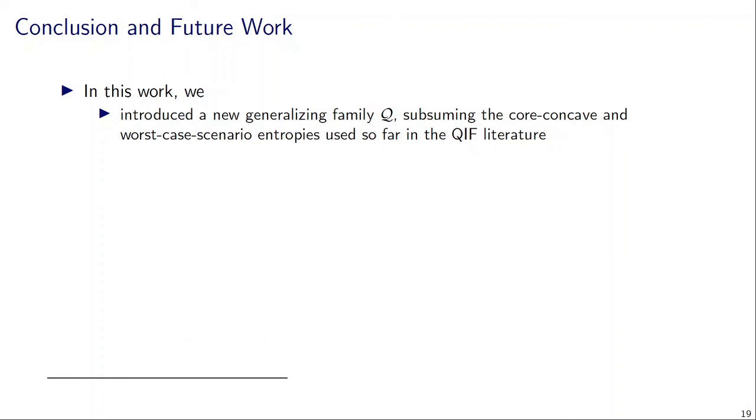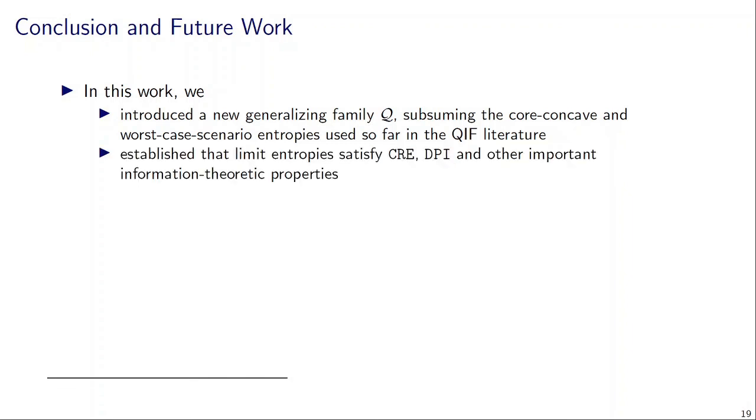So, to conclude, in this work, we introduced a new generalizing family of limit entropies, which subsume the core-concave and worst-case scenario entropies that were used so far in the QIF literature. We established that limit entropies satisfy CRE, DPI, and other important information theoretic properties. We also derived a new subfamily inspired on the geometric mean.